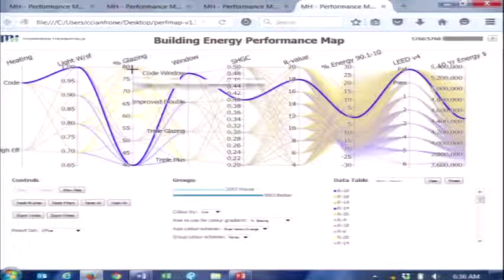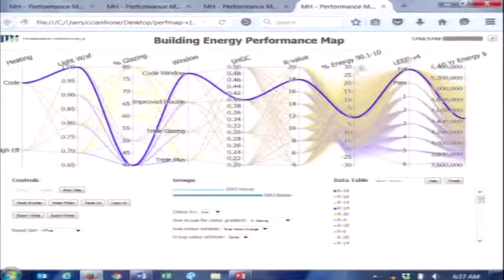Percent glazing is anywhere from 40% glass to 80%. This was a high-rise tower that obviously wanted to push the glazing ratios as high as possible. There are different window technologies, whether standard code windows, improved double glazing, triple glazing, or really high performance. Then solar heat gain coefficient, and the effective R value of the walls.